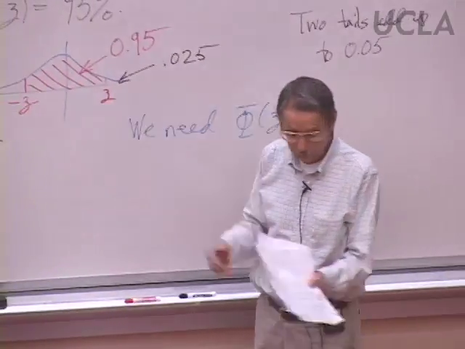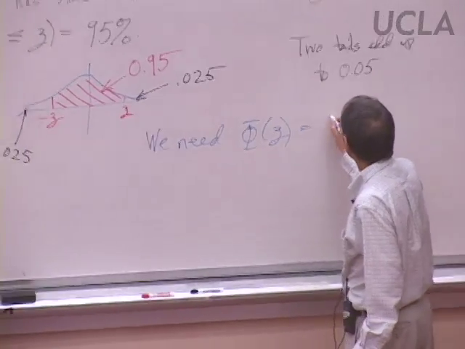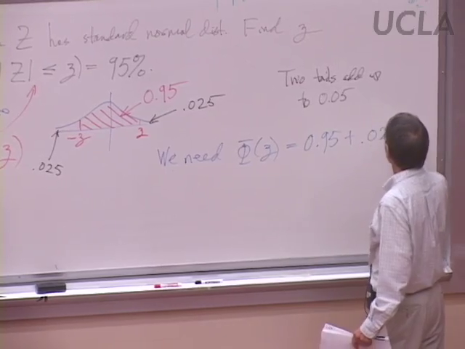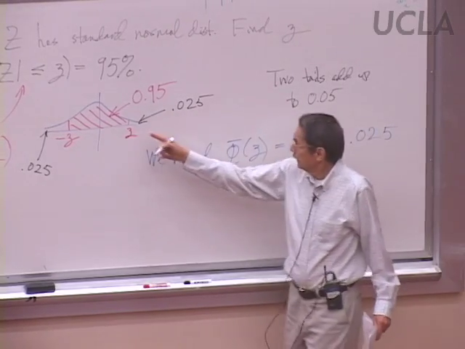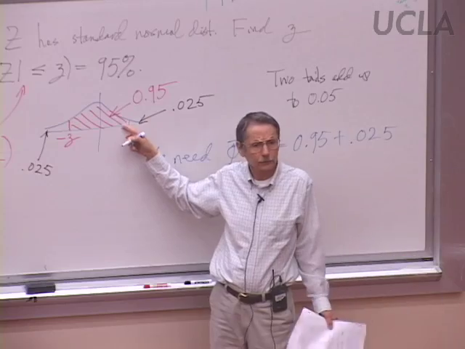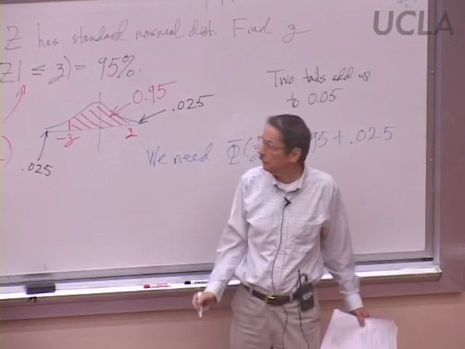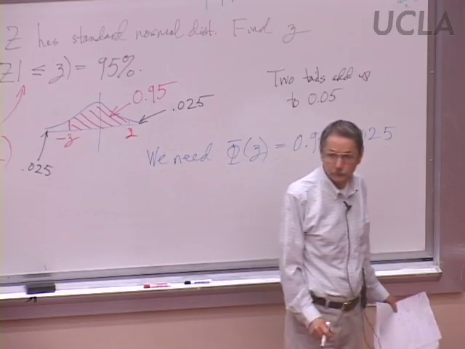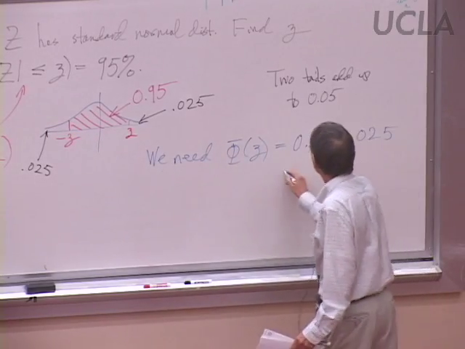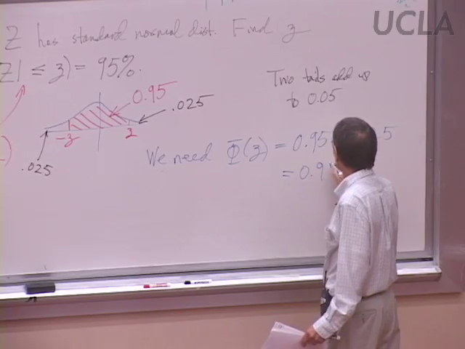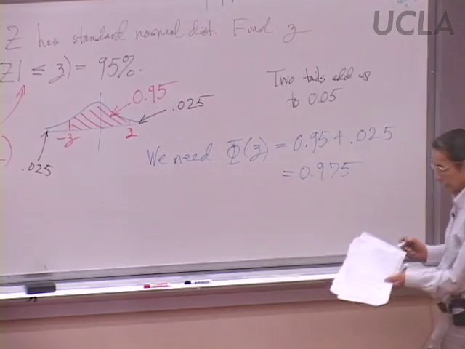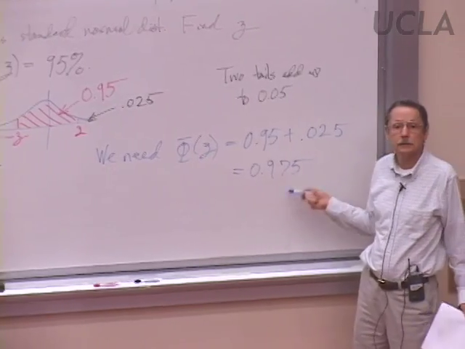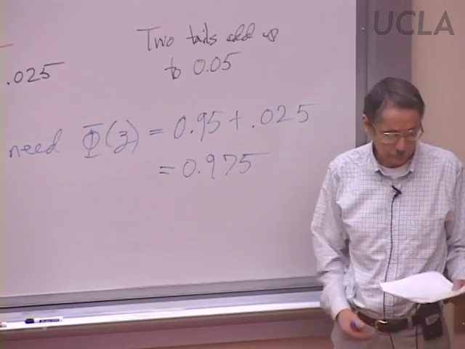So phi of z, that's the area under the curve from z all the way down to minus infinity. Well, it's 95% here and another 2.5. In other words, we're looking for a number, phi of which is 0.975.